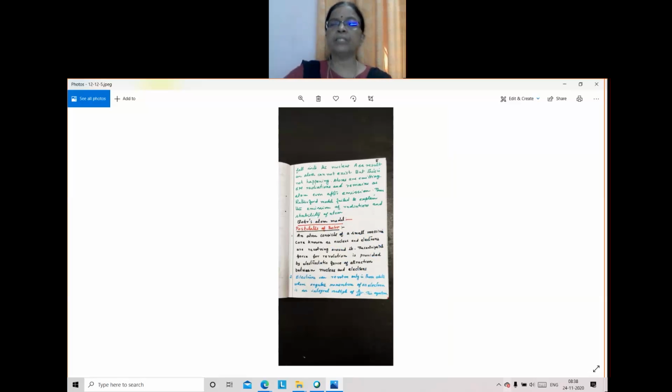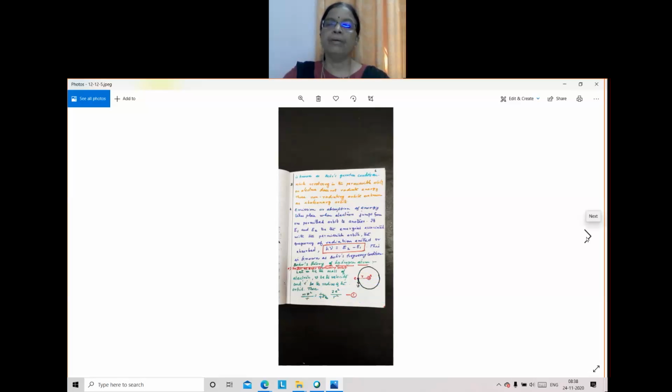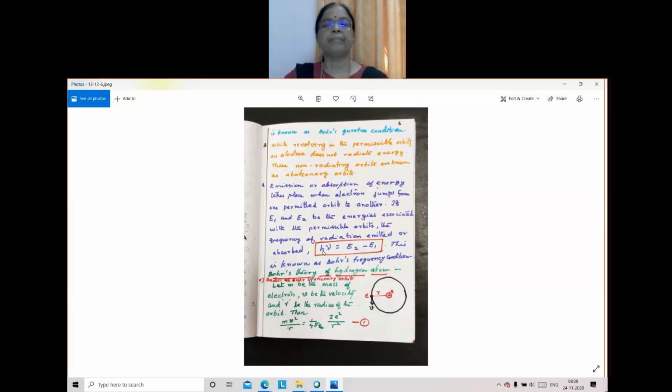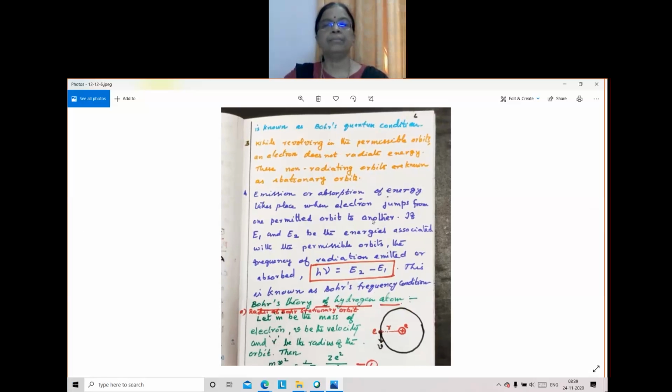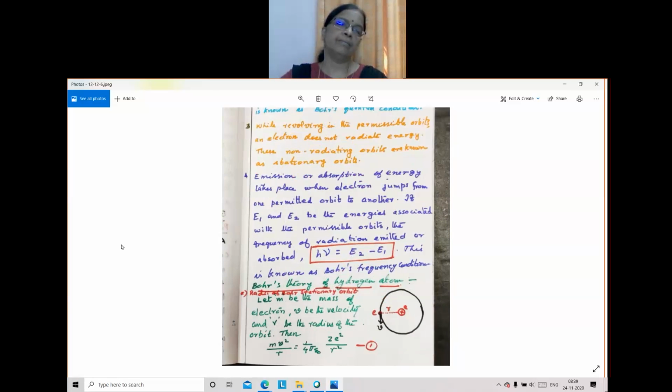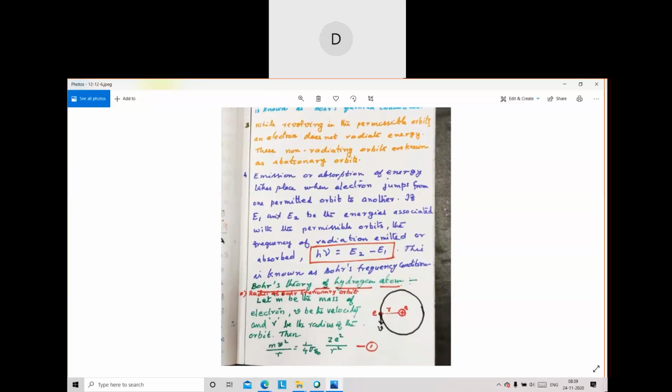ബോർ ആറ്റം മോഡൽ പഠിച്ചിട്ടുണ്ടോ നിങ്ങൾ മുമ്പ് കെമിസ്ട്രിയിലെങ്ങാനും പഠിച്ചിട്ടുണ്ടോ? ഭദ്ര ഭദ്ര ഭദ്ര ഭദ്ര മിണ്ടുന്നില്ല. ദേവനന്ദ ഭദ്രയില്ലേ? ദേവനന്ദ Yes, teacher. പഠിച്ചിട്ടുണ്ടോ ബോർ ആറ്റം മോഡൽ?